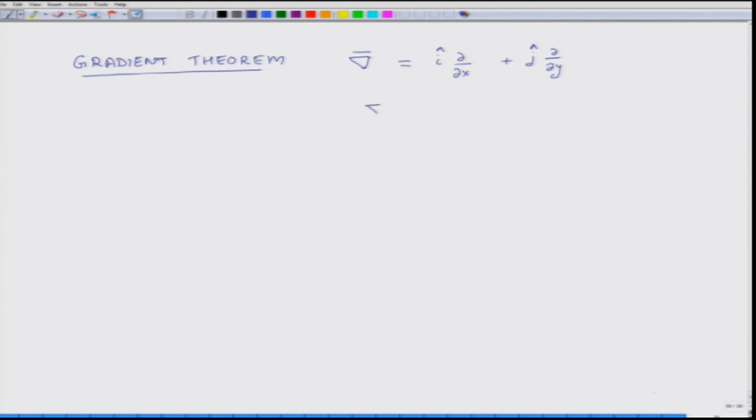And then if I have an operator like grad square, this is basically the dot product, or the inner product, of two gradient operators. So, this is a scalar operator, and this is what it implies. Now, first I will write the expression for the gradient theorem.